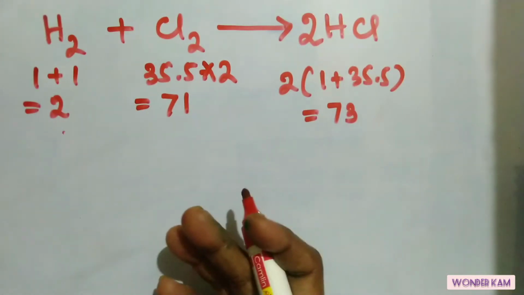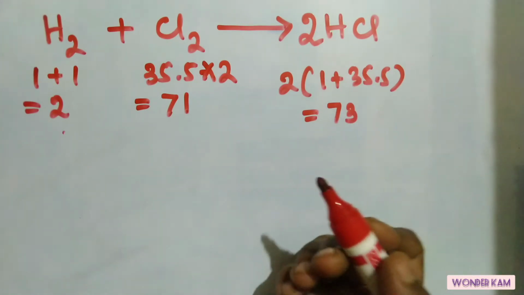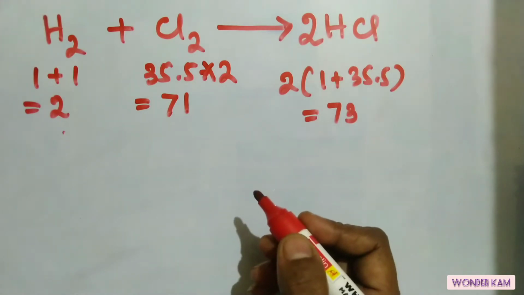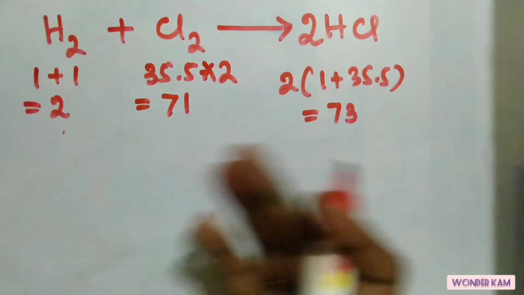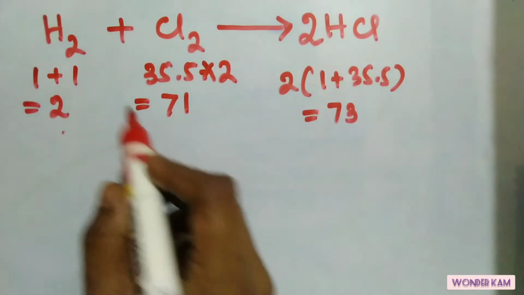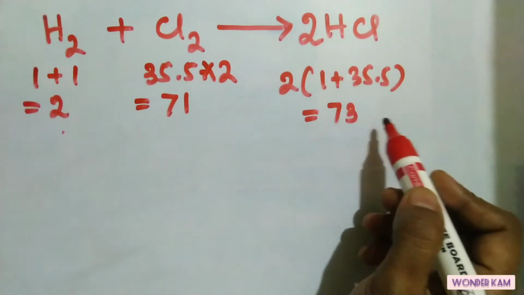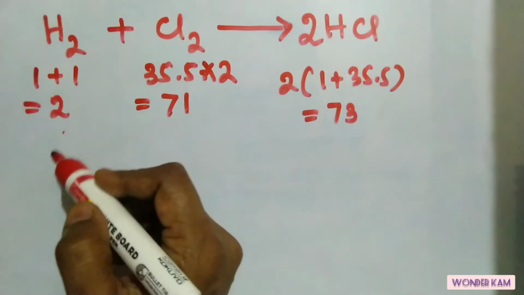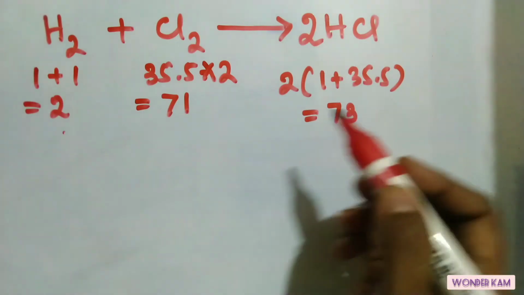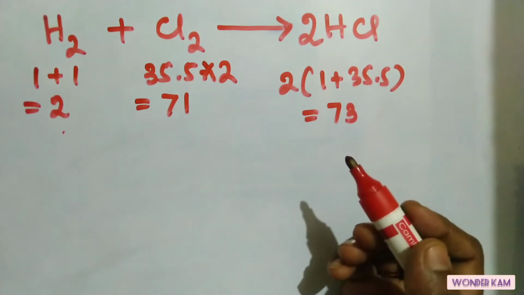So we can consider any units, such as kg or gram or even tons, but the proportion remains the same. We can take 2 grams of hydrogen reacting with 71 grams of chlorine to give 73 grams of hydrogen chloride, or even 2 tons or 2 kg of hydrogen reacting with 71 tons or kg of chlorine to give 73 tons or 73 kg of hydrogen chloride.